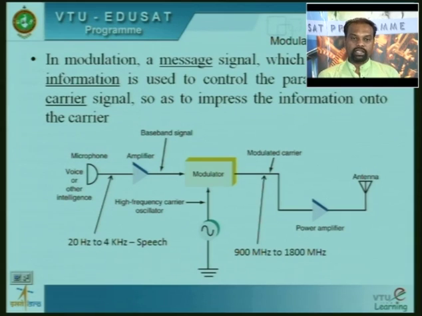This modulated carrier is in the frequency range of 900 megahertz to 1800 megahertz in a typical mobile phone application. The modulated carrier is then further amplified and given to an antenna for transmission. The process of translating the baseband signal to a modulated carrier with the help of a carrier signal is what we call modulation.